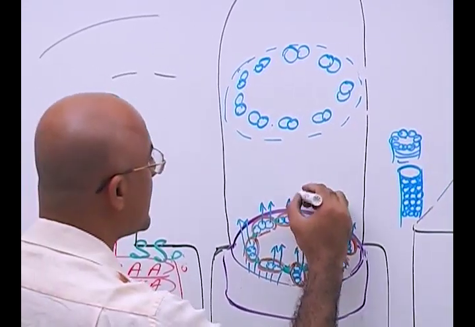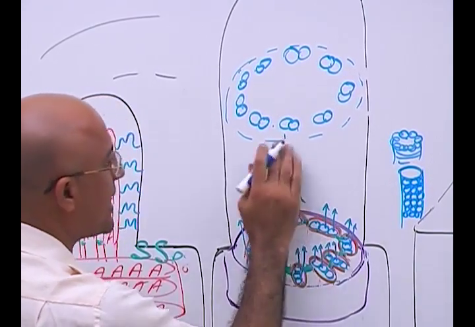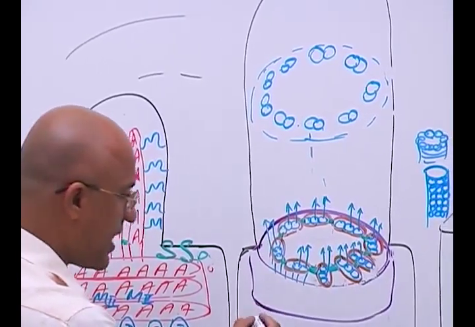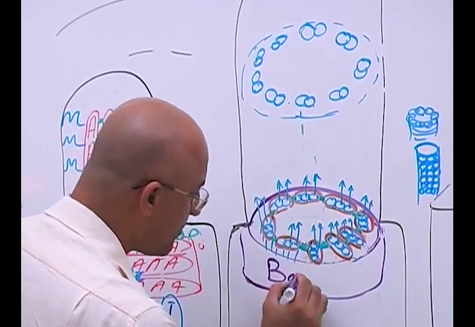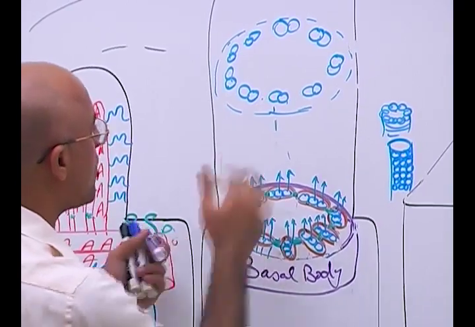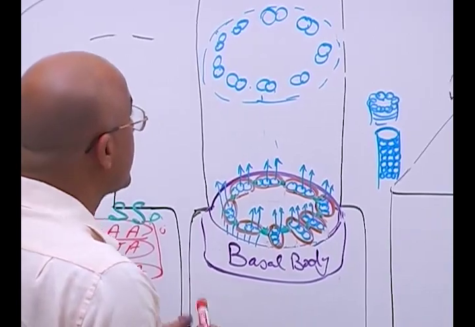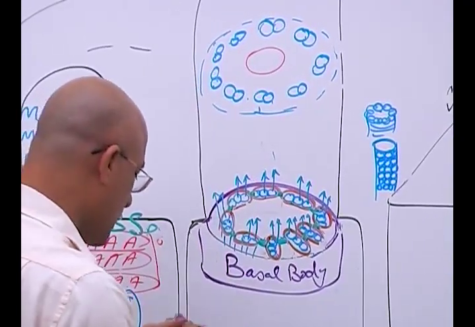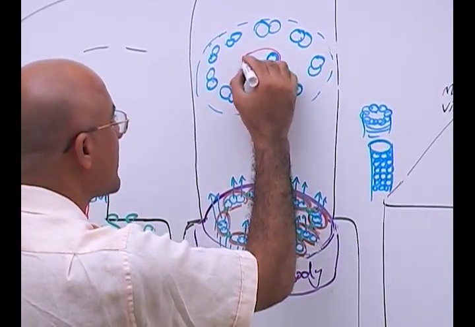Now from here, how many have extended upward? 9 have extended upward. In the basal body they were 9 triplets, but in the true cilium there are 9 doublets. Inside the 9 doublets, there is a central sheath, and there are 2 singles: one single here and the other single here.